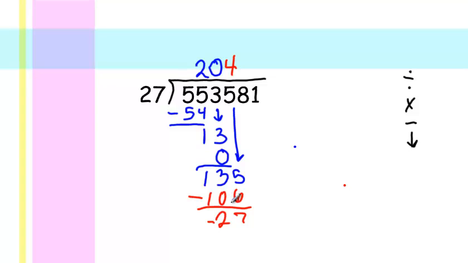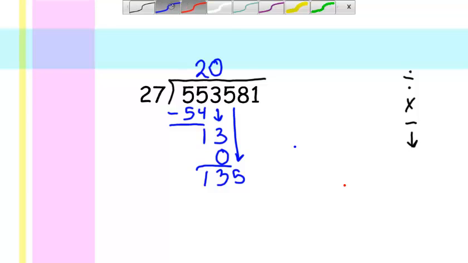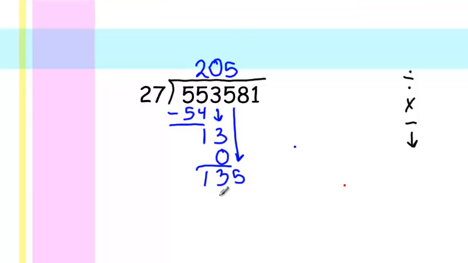Well, notice 27 still goes into 27. So the 4 was not correct. We need to get rid of the 4 because it wasn't big enough. So 27 actually goes into 135 5 times to get 135. And when we subtract, there's a 0.